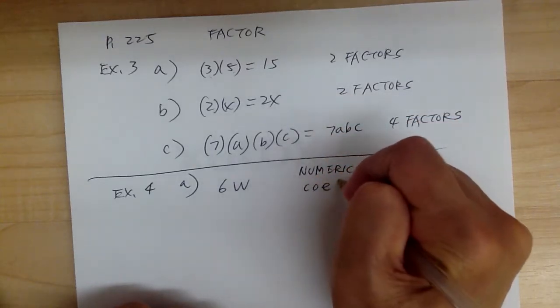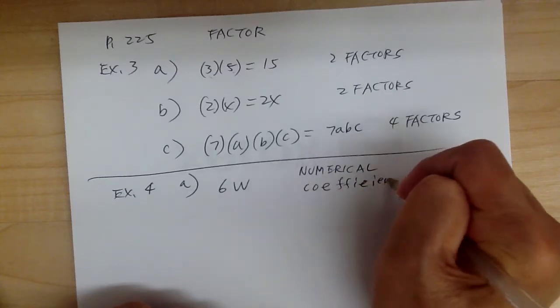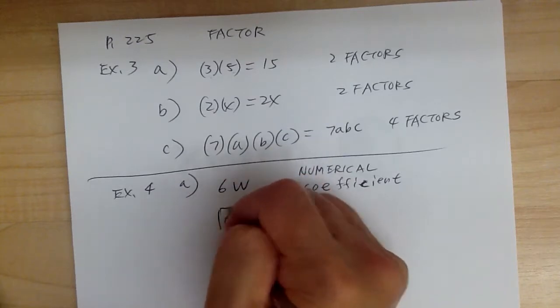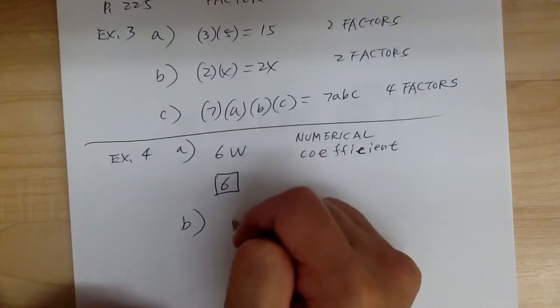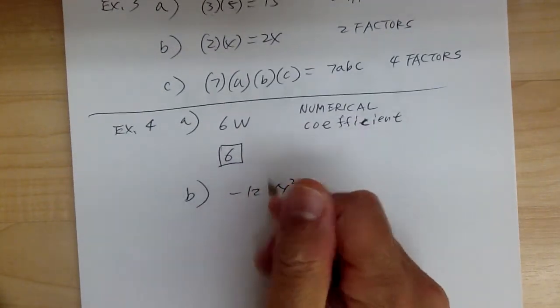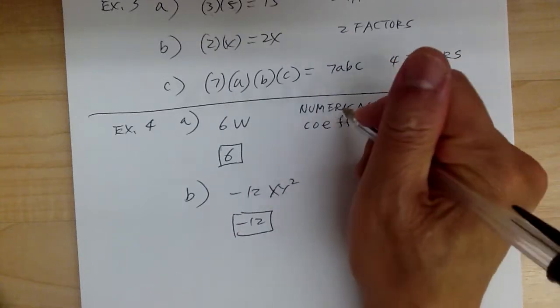It's a number before the variable. In this case, the answer would be 6. B, negative 12xy squared. The numerical coefficient would be negative 12. Again, the numerical coefficient is the number before the variable.